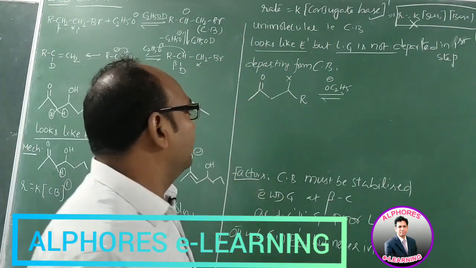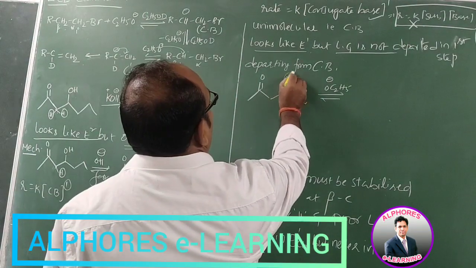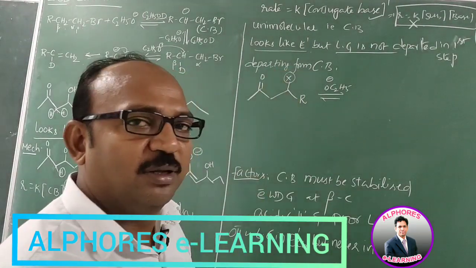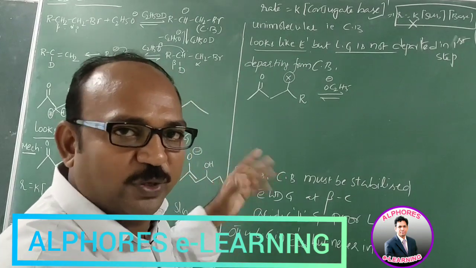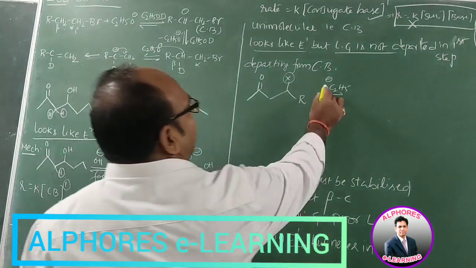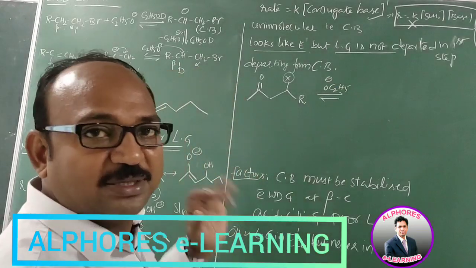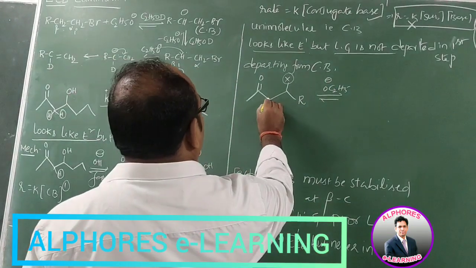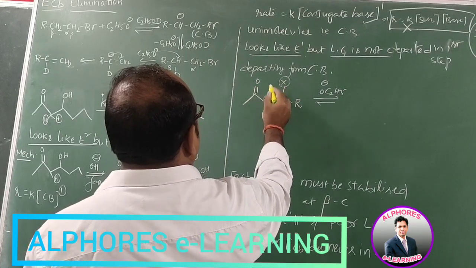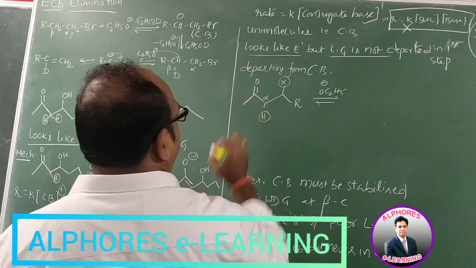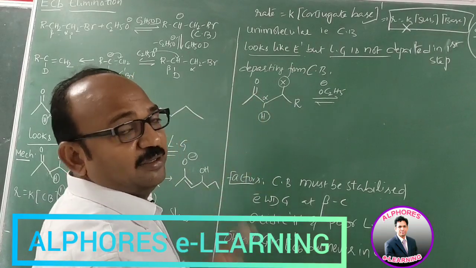Let us see this reaction. Here X is the leaving group, not OH, here X is a halogen: fluorine, chlorine, bromine, iodine. You can take any one. Now when you are using OC2H5 minus, which is a base, this base seeks a proton. With respect to this C double bond O and this leaving group, this carbon is the alpha carbon, and the alpha hydrogens are acidic.